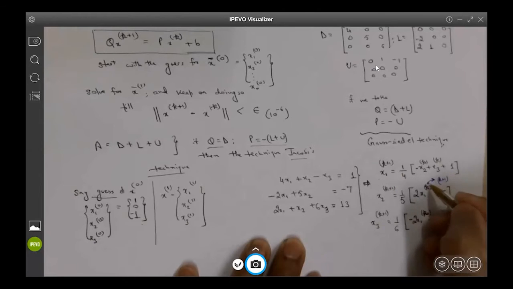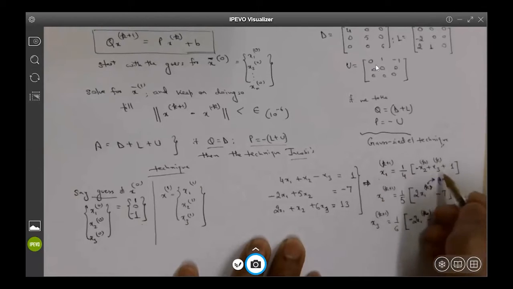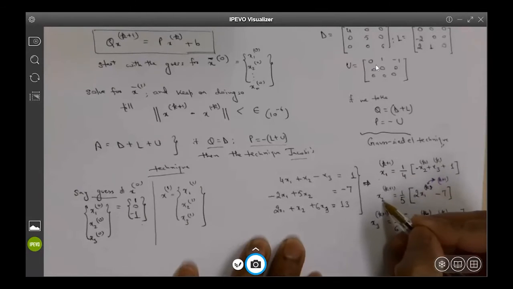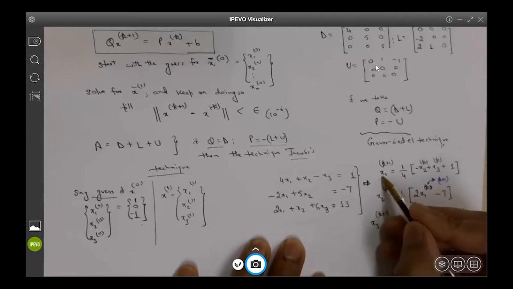Instead of using the old one, I use the current value of x1 because this is already solved, right? When I'm solving for the x2 component, the second component of the x vector at the k plus 1th iteration, I no longer need the value of x1 for the previous iteration. I can use the current iteration because I have already solved it here.